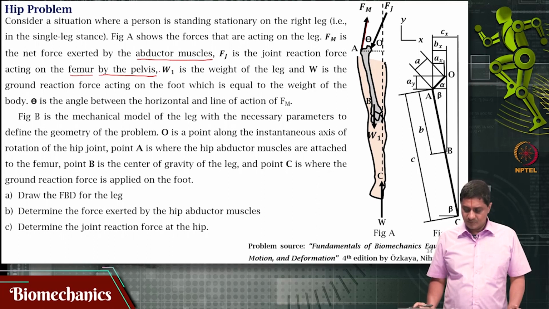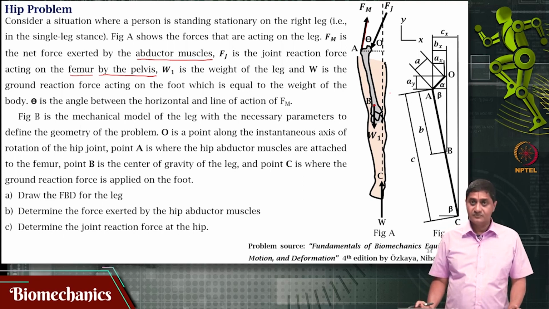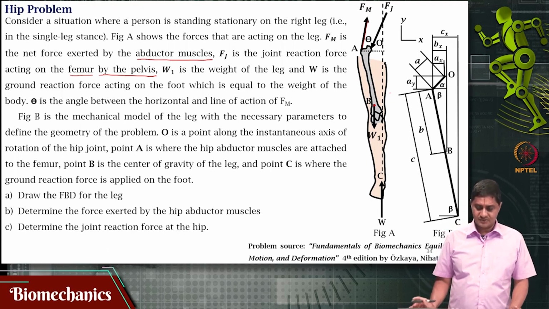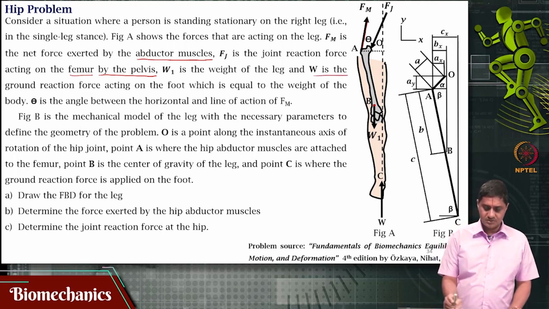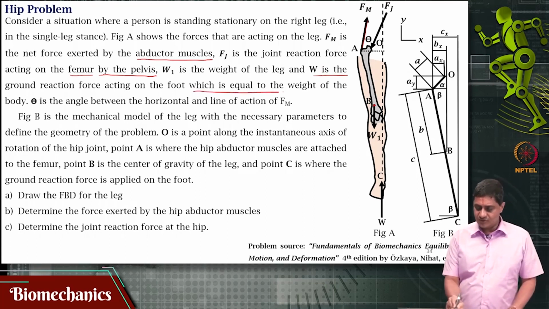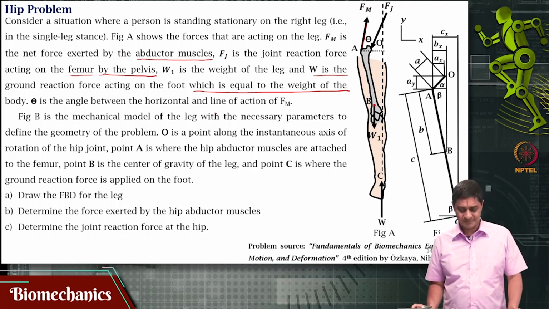W1 is the weight of the leg that is acting from a point B that is shown there. W is the ground reaction force. This is the force due to the mass of the person, the weight of the body.